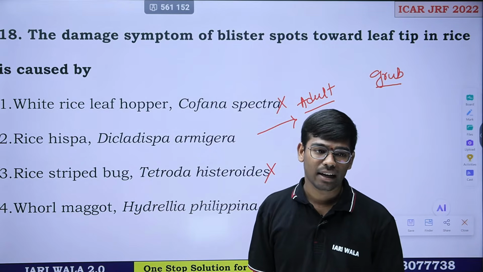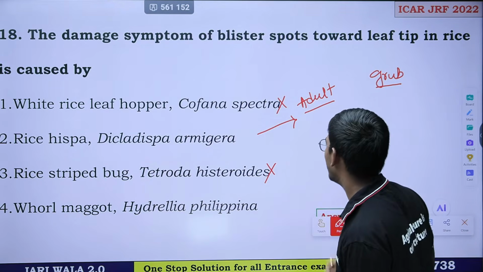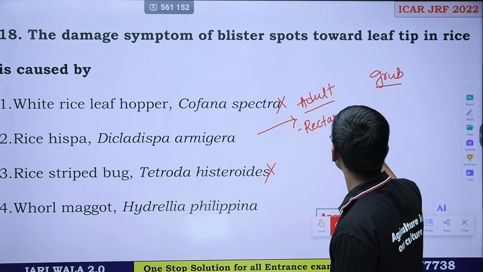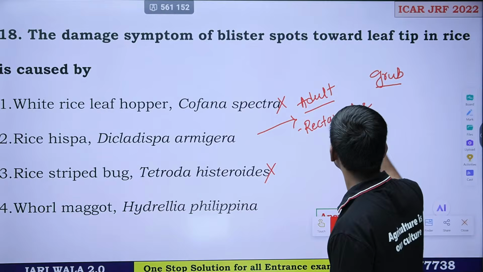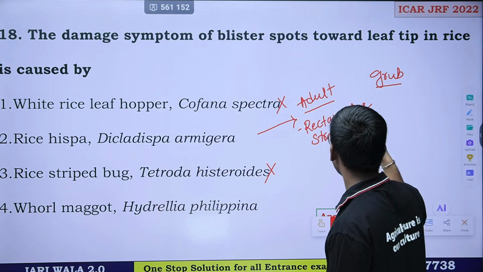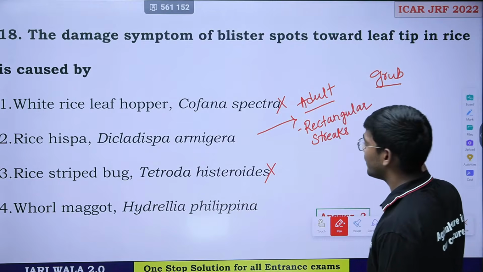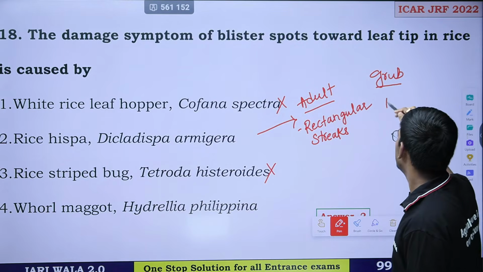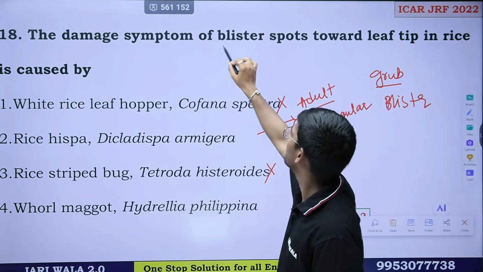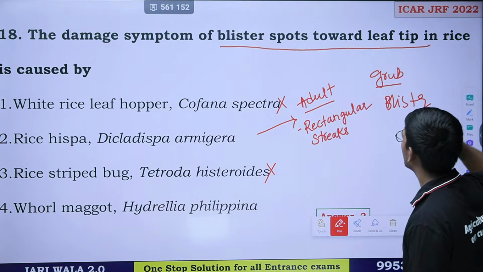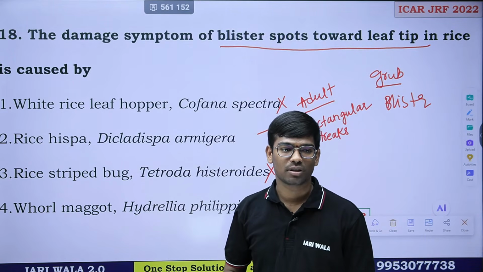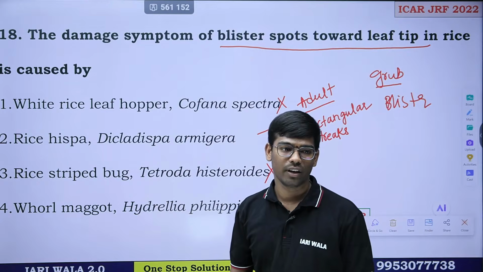In case of the adult, we can see rectangular streaks parallel to the wings, and in the grub we can see the blister spots. This peculiar symptom, blister spots towards the leaf tip, why? Because grubs mine in the leaves and cause the blister spots. So this thing we should know.